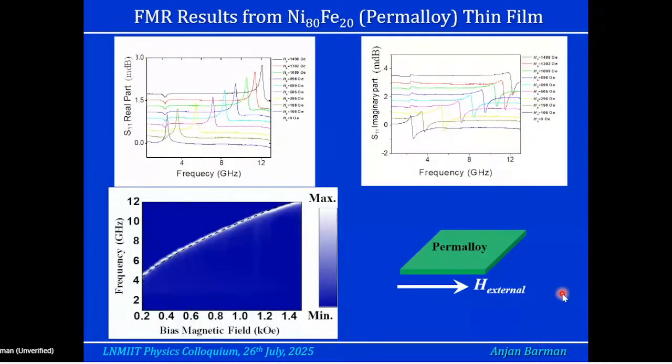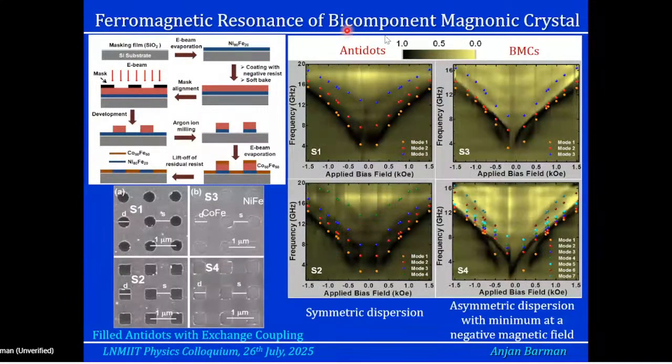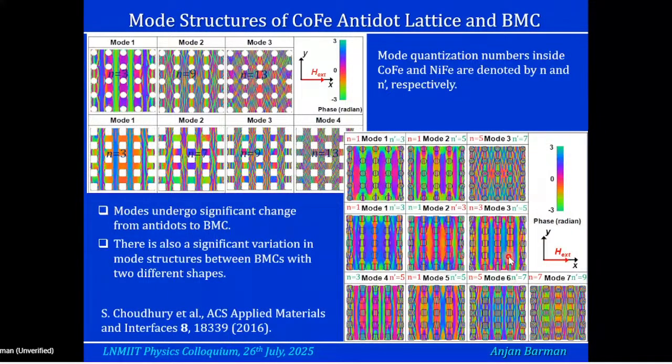And these are the ferromagnetic resonance spectra, real and imaginary part. If you take all of them and make a surface plot, you get very beautiful pictures like that. And this is ferromagnetic resonance from a bicomponent or alloy-like magnetic crystal, and we see different kinds of modes, analyzed them, and we can use it for faster propagation of on-chip signals.